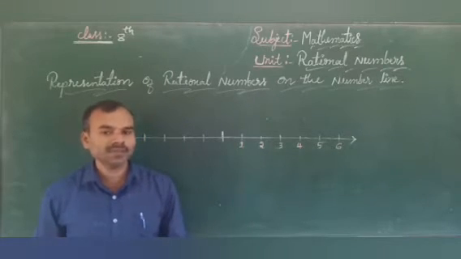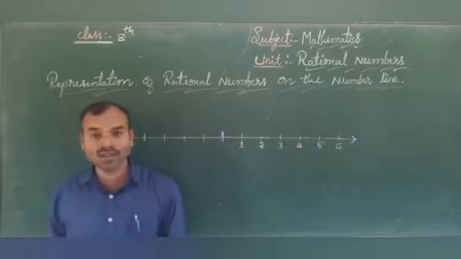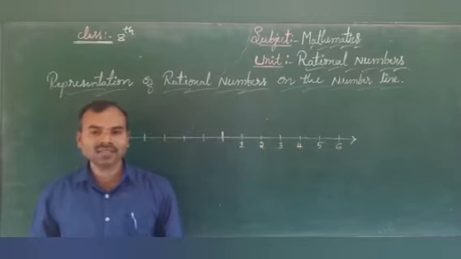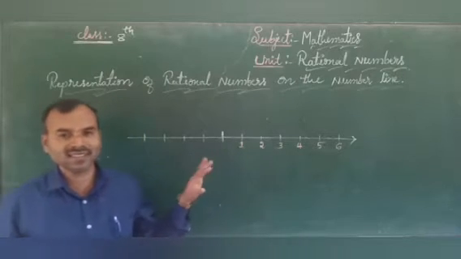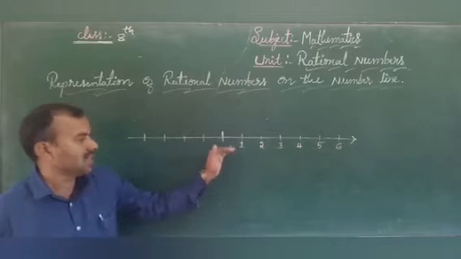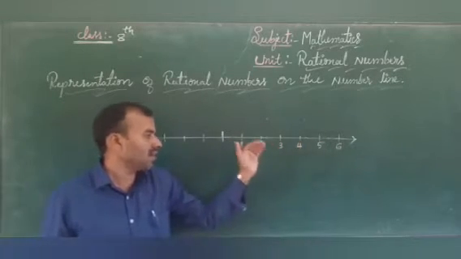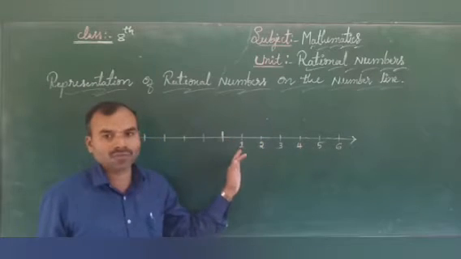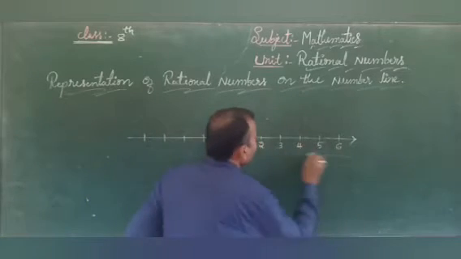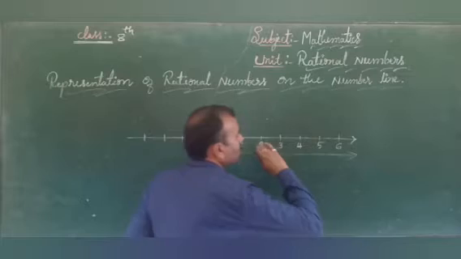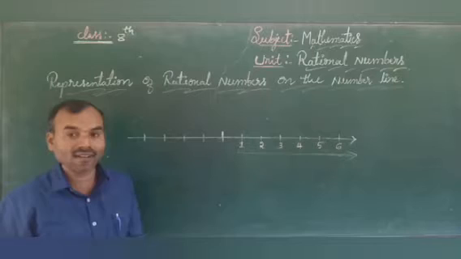First, we just recall the representation of natural numbers, whole numbers and integers. What are natural numbers? Counting numbers 1, 2, 3, 4, 5 and so on. Suppose I take one number line. The natural numbers start from 1 and extend indefinitely on the right side.